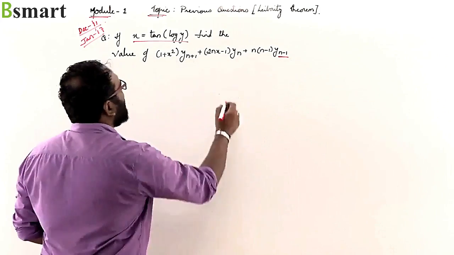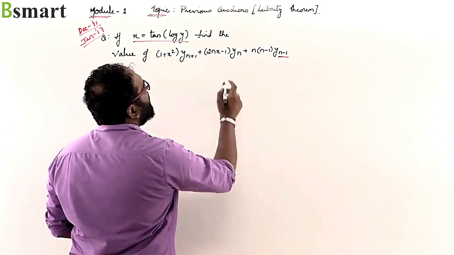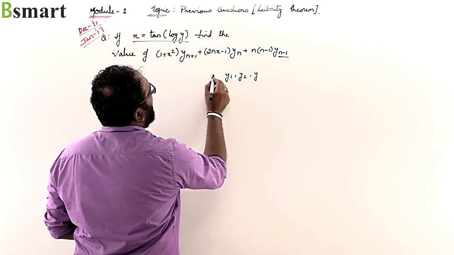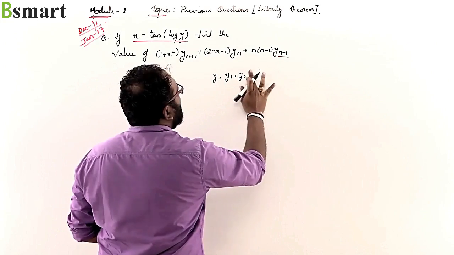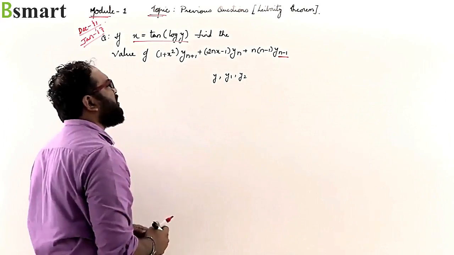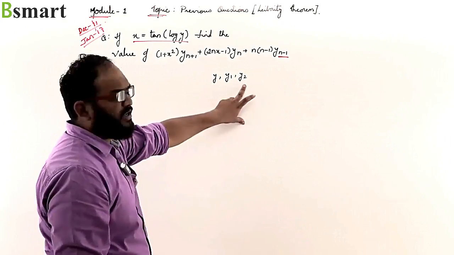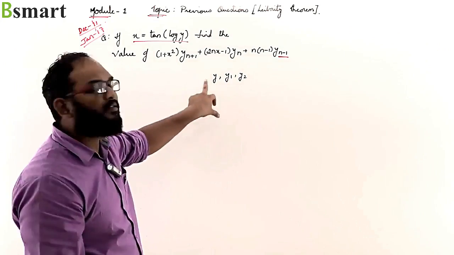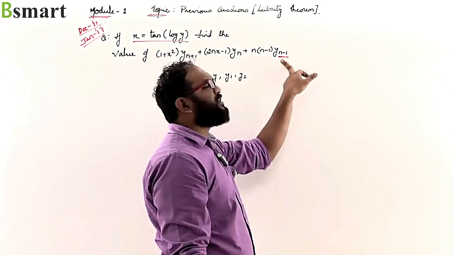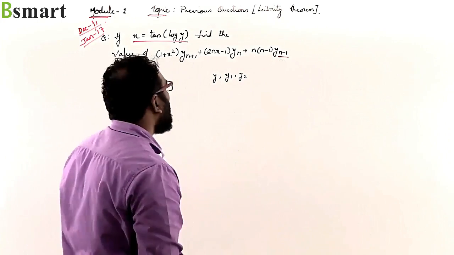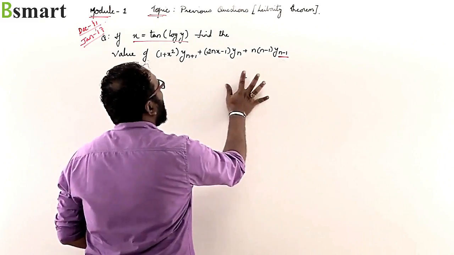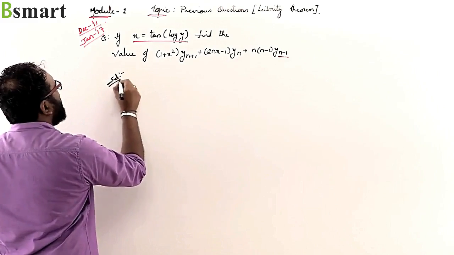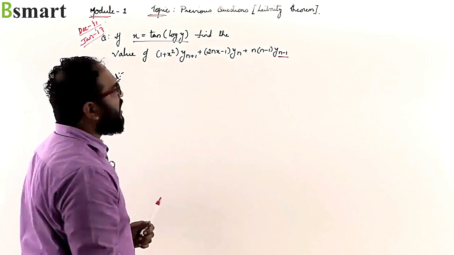Or if we are establishing the terms till y1 and y2, then we will be getting a relation between y(n+2), y(n+1) and only yn. Then we won't be getting any relation with y(n-1). Now in order to get the relation with y(n-1), what we will be doing is we will establish a relation between y1 and y.